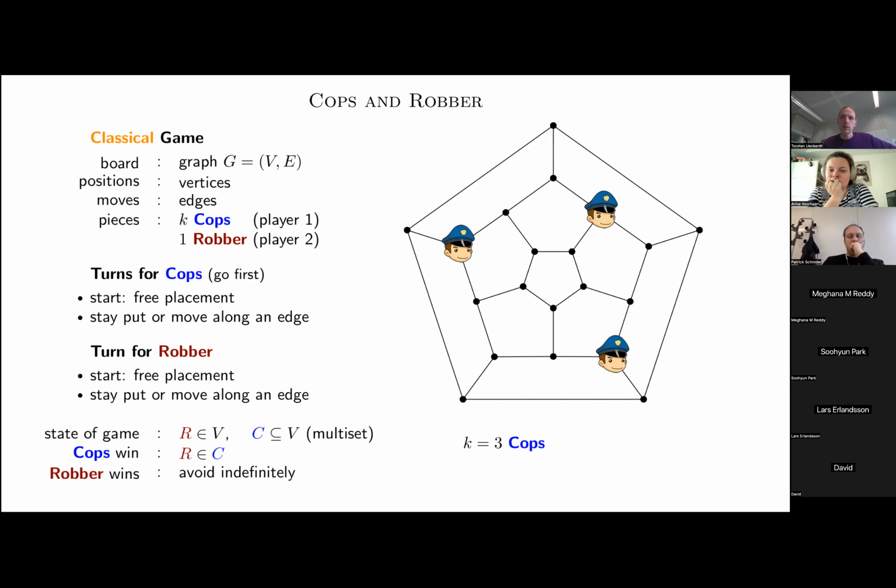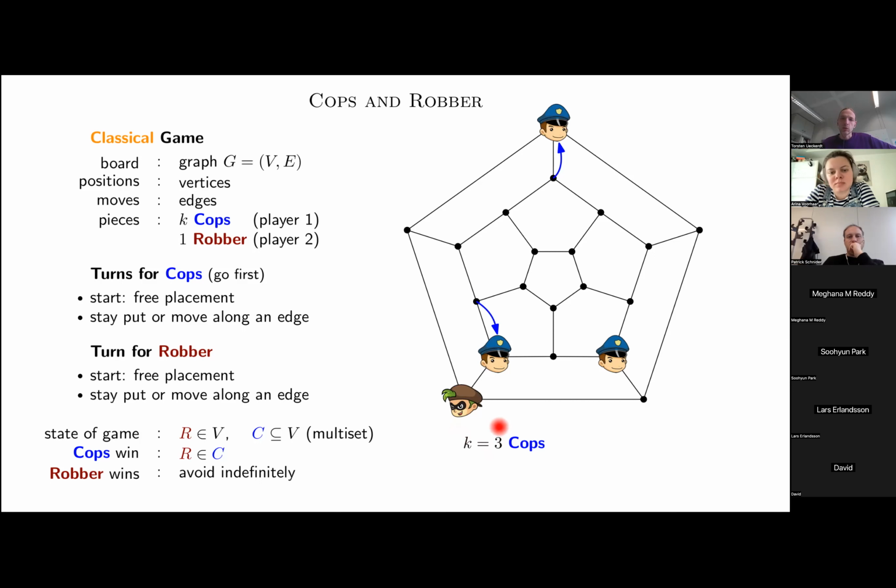And then let's put the robber there because there he's not immediately caught, at least. And now the cops could do something like this, which again leaves the robber only with one choice, namely to flee to this vertex.